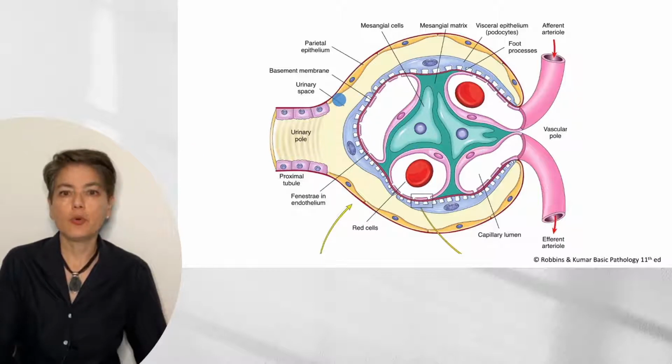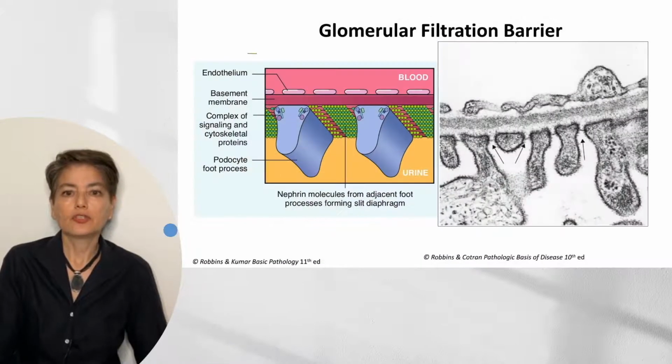Now, in addition to our parietal epithelium, we have our visceral epithelium, which is composed of podocytes with these little foot processes coming down here. Now, we're going to look at an enlarged image of this. So here you can see, as you'll recall, the capillaries in the glomerulus are fenestrated, which means they have little windows. So you can see those here. We have our basement membrane, and then we have our foot processes.